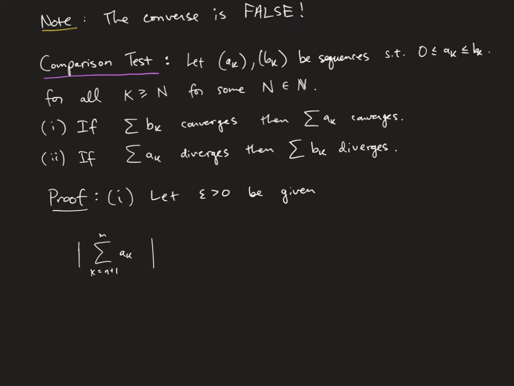And of course, the point is that the b sum, because we know that converges by the Cauchy criterion, we should be able to, after some point, make these b's less than epsilon, right? And of course, the a's are less than the b's, so we should just be able to say that this is less than or equal to, right?